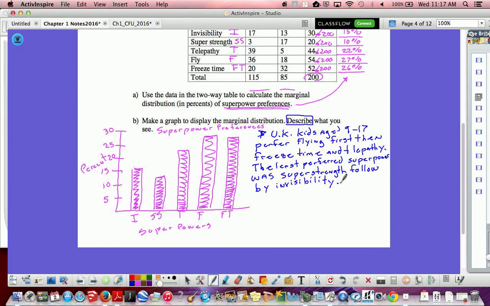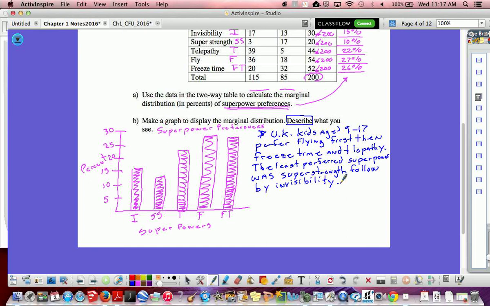So the key thing is when it, again, talks about describing, you want to write a couple sentences and you want to make sure you include all of, in this case, all of the different categories of our superpower preferences.